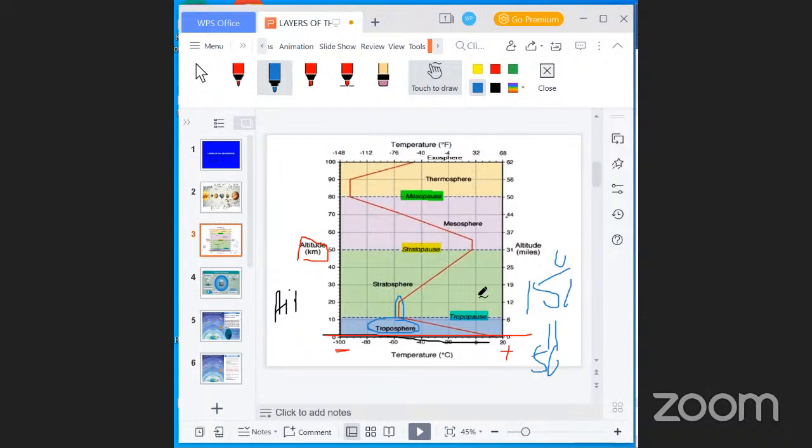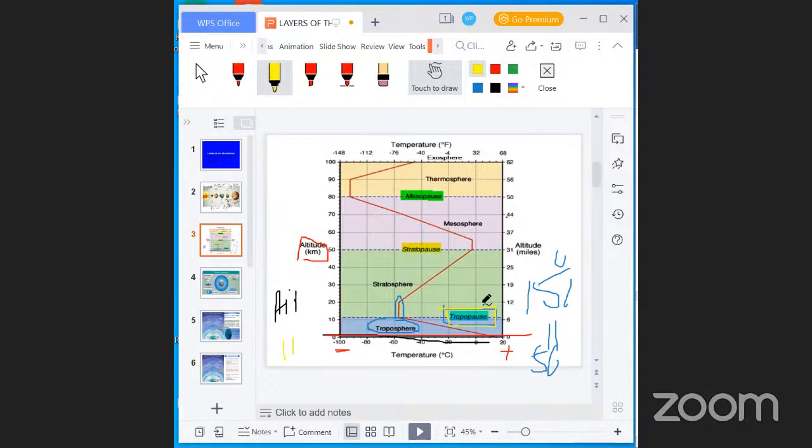The top of the troposphere is called what? Tropopause. This tropopause you see here. Now the troposphere is 11 kilometers deep, but that is not everywhere around the world, right?